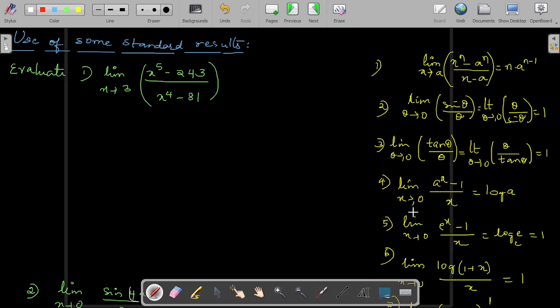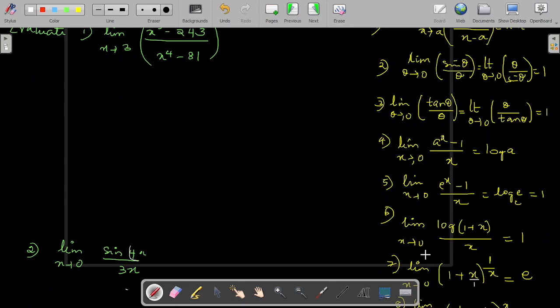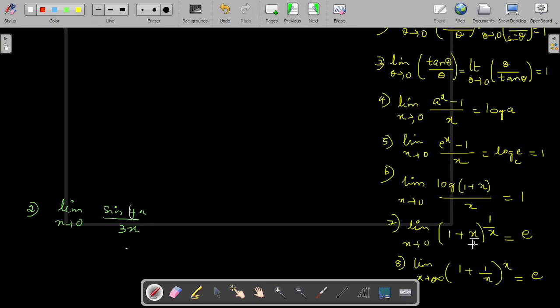Limit x tends to 0, a power x minus 1 by x is log a. e power x minus 1 by x is log of e to the base e, which is 1. Next, log of 1 plus x by x as x tends to 0 is 1. This is already proven and we are making use of those results. Limit x tends to 0, 1 plus x to the power 1 by x; whatever value you have here, the reciprocal should be in the power. So that gives you e.